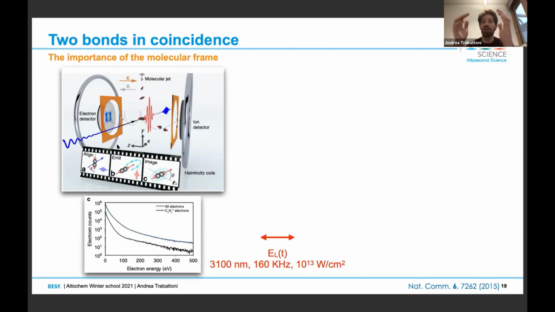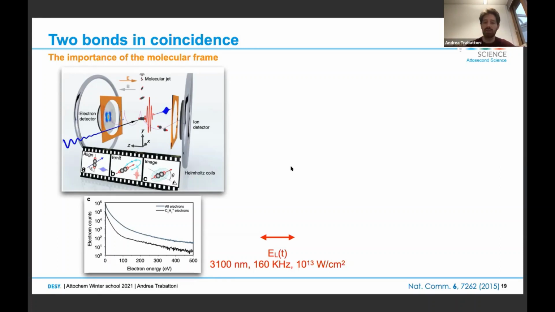So we are acquiring ions and electrons in coincidence. And this was key to cleaning your photoelectron distribution and analyzing not all the electrons, but the electrons that are really related to the parent ion. Because, as I told you, you have other channels, such as electron impact ionization, so your photoelectron distribution may be dirty and contaminated by other channels.